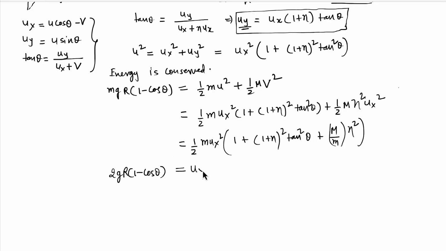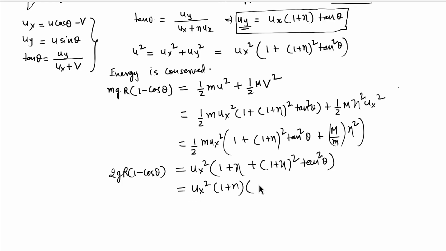So this is ux square times 1 plus eta, this is nothing but eta because M by m is 1 by eta, plus 1 by eta square tan square theta. Therefore ux square times 1 plus (1 plus eta) tan square theta.